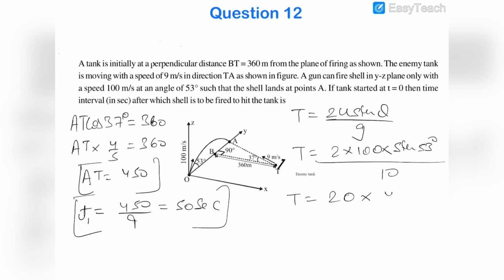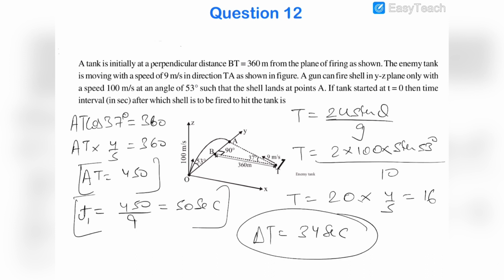Sine 53 is 4 by 5. So it would be 16. So the time difference is 50 minus 16, which is 34 seconds. So this artillery gun should be fired after 34 seconds of the time when the tank started to move. So the correct answer is 34. Now we move on to the next question.